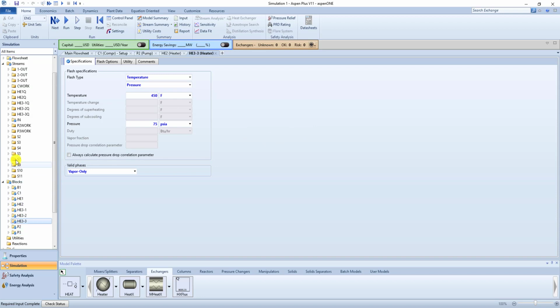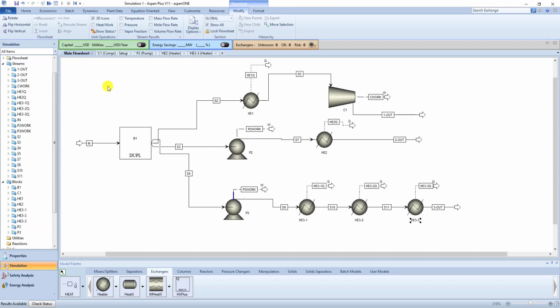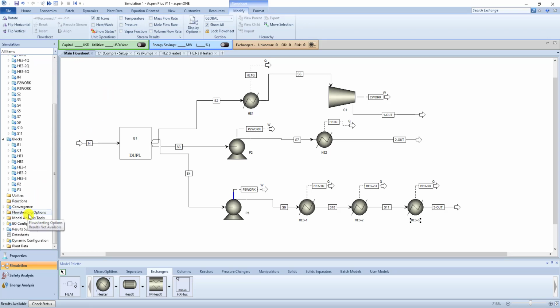So we have all check marks, and now we can run our setup. So our results are available.